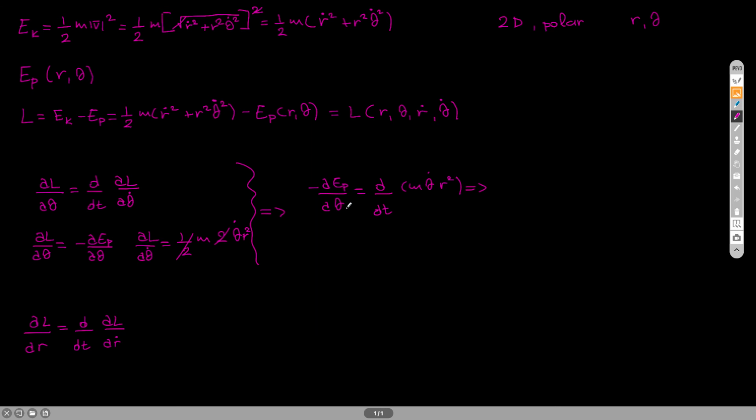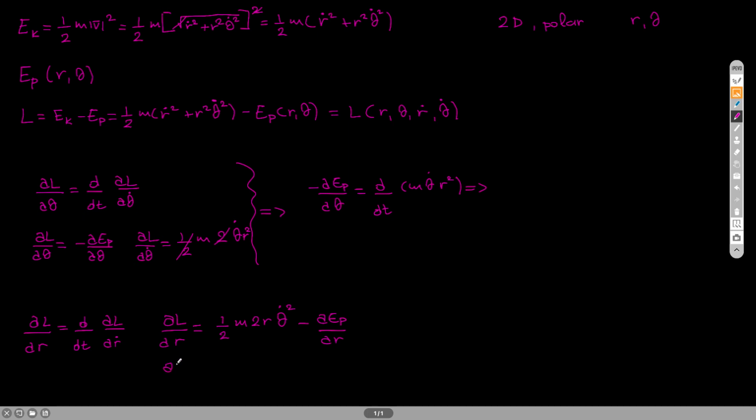So for now, I'm temporarily stopping here, and to work with the Lagrange equation on r, I need to find these terms. There is no r dependence in one place, but there is r dependence in the kinetic term, so I have 1/2 m 2r theta dot squared, and there is some r dependence in the potential as well, so this will be minus the partial of Ep with respect to r.